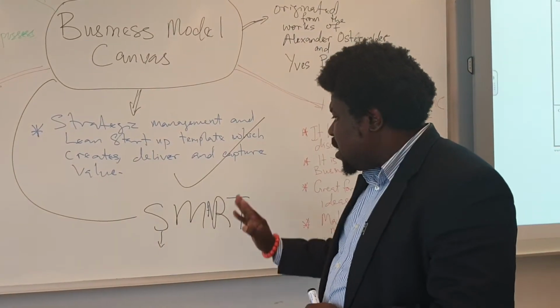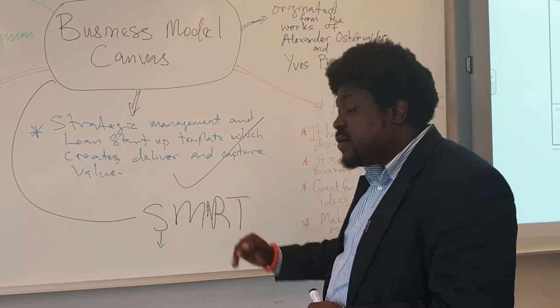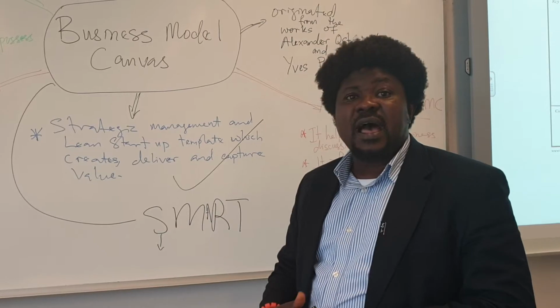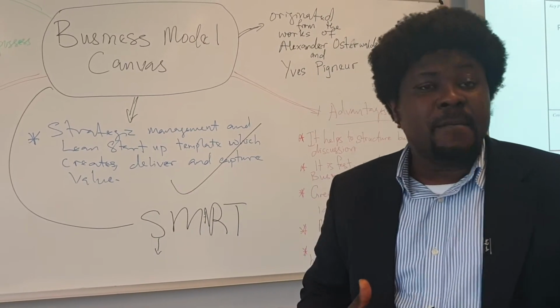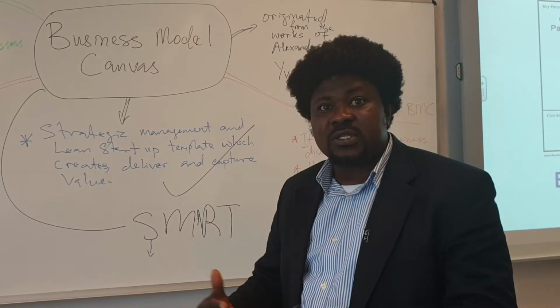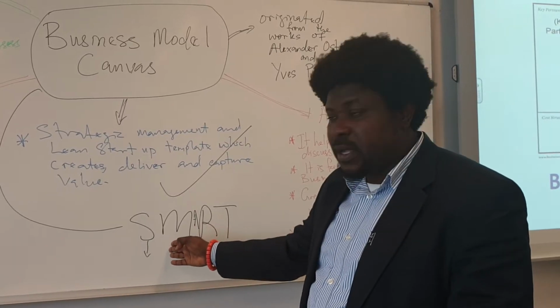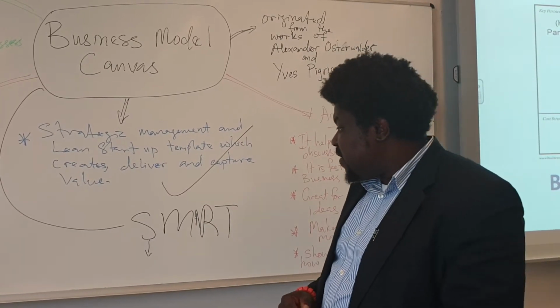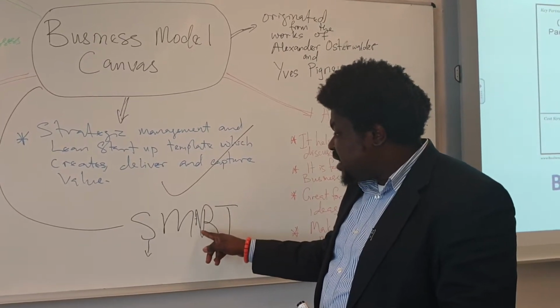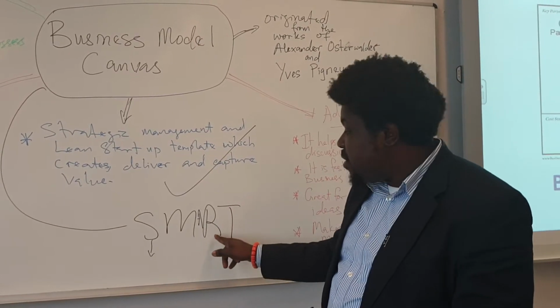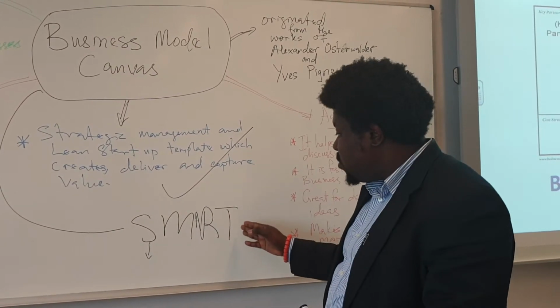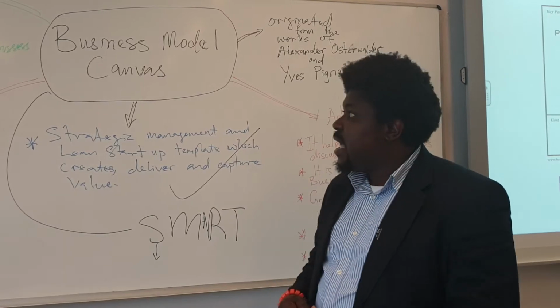So, specific. It's measurable. With the business model canvas, we can check if we are meeting targets and how we are doing so far. The business model canvas helps us to set targets that are achievable and realistic. And it's timely as well.